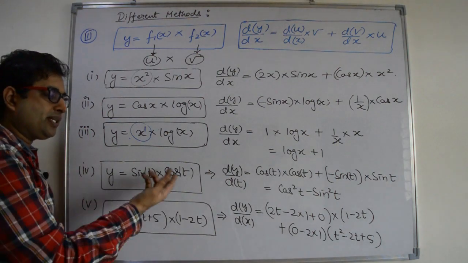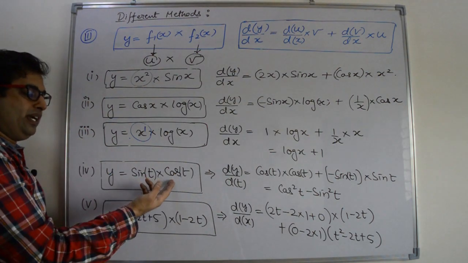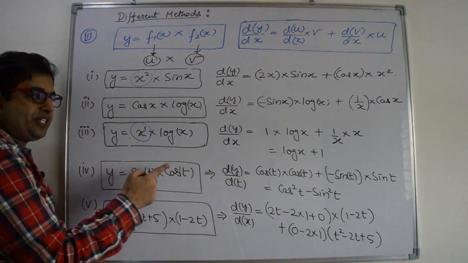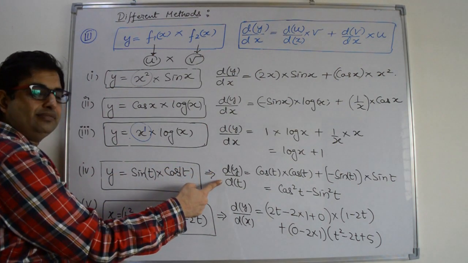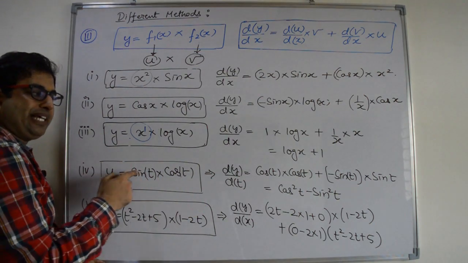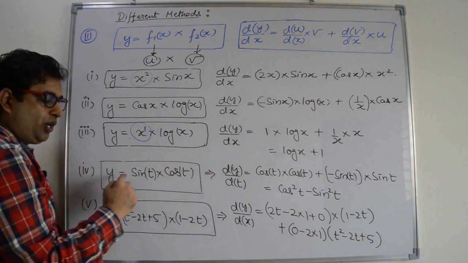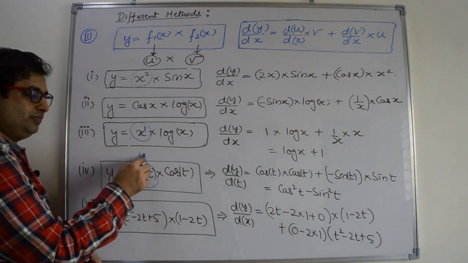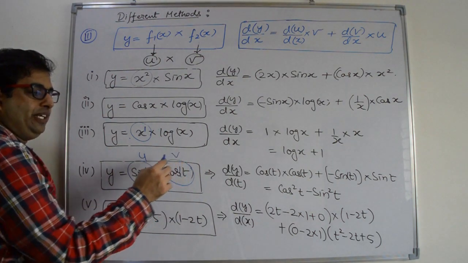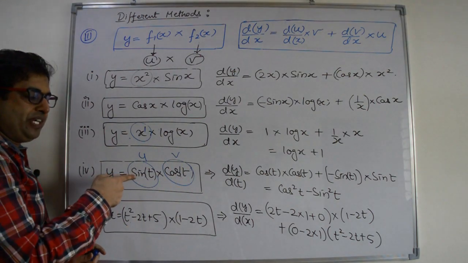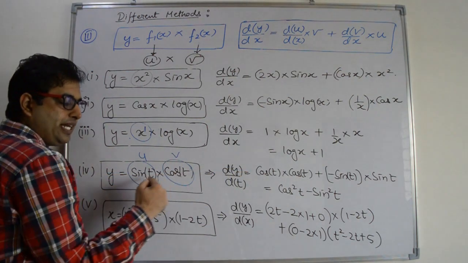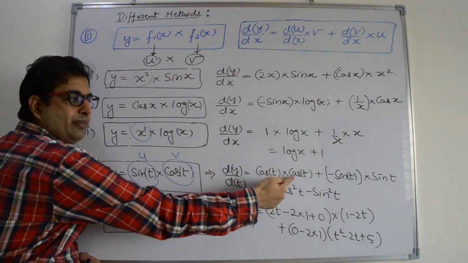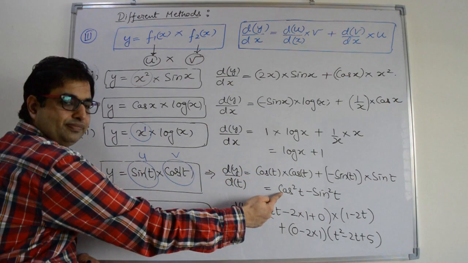Now let us change the symbols. Instead of x and y, we are taking y and t. So here we will calculate dy by dt because it depends on t. This is u and this is v. So first we will differentiate u. Sin t differentiation is cos, and cos will remain in multiplication, so it becomes cos square.